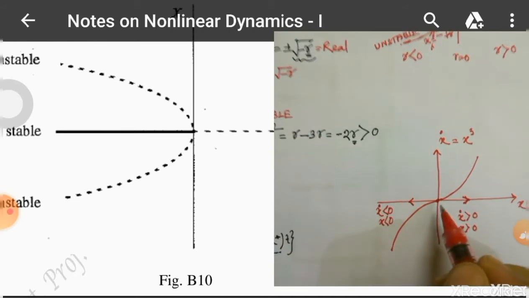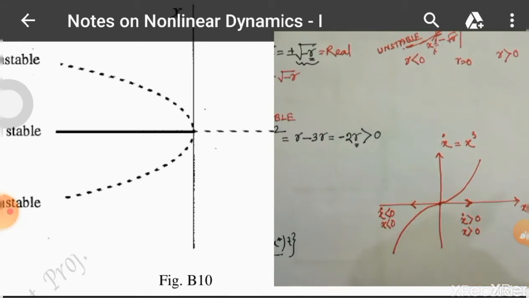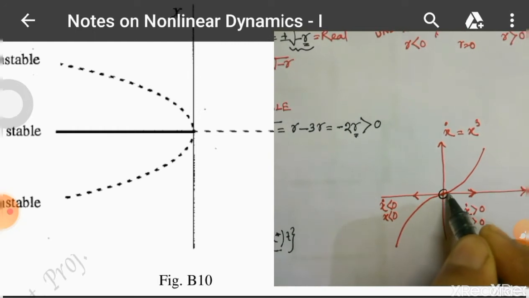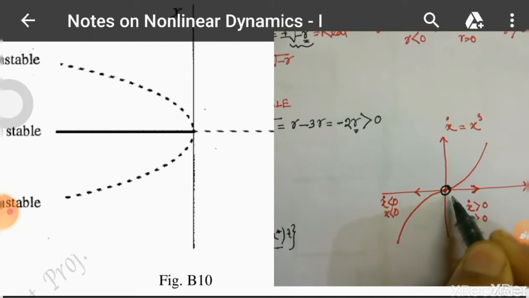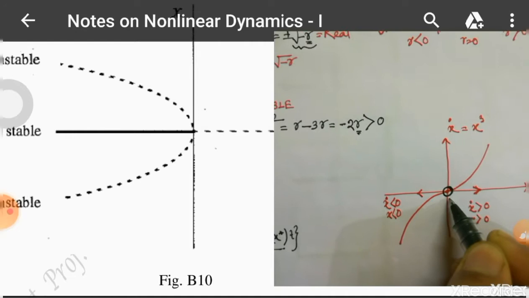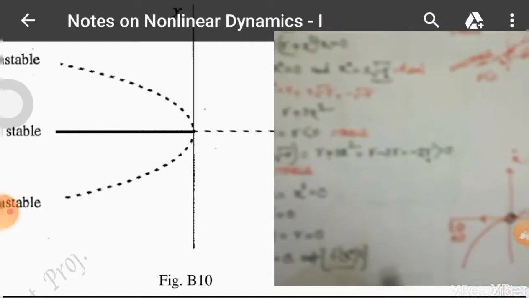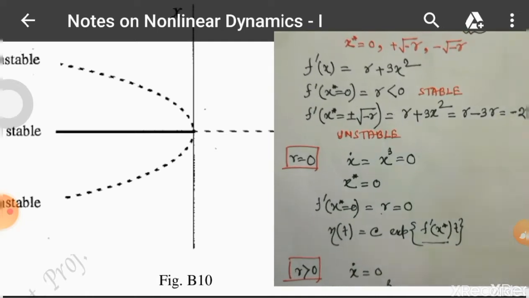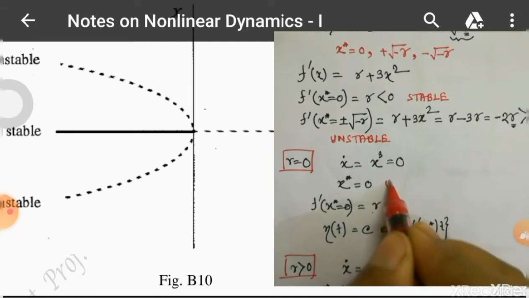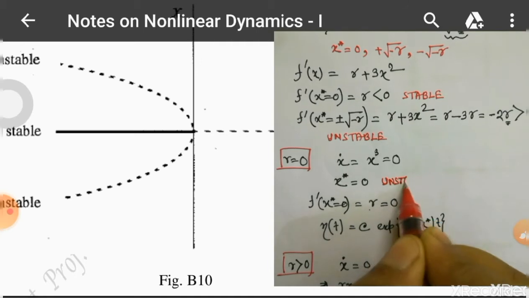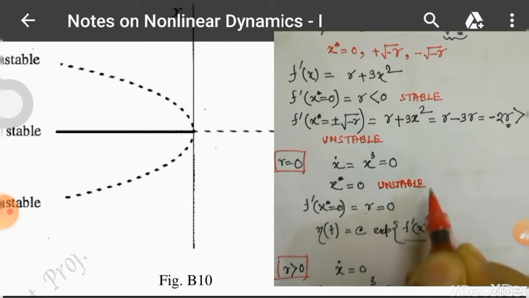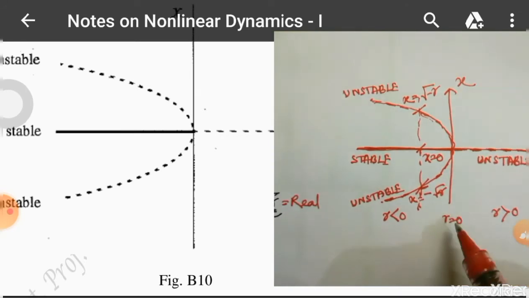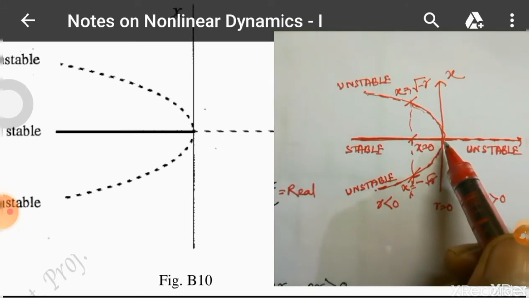Okay, so now this fixed point is an unstable fixed point. So x equal to 0 is an unstable fixed point, and we will draw this by an open bubble. Therefore, at r equal to 0, this will be an unstable fixed point.